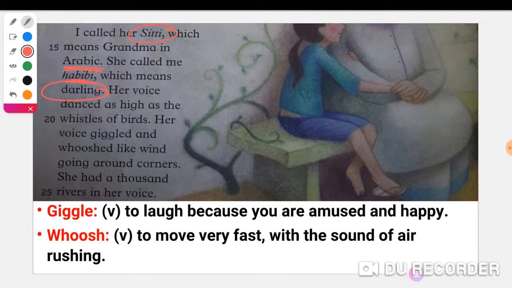And her grandmother can't speak English, she can't say darling, so she keeps saying to Mona, Habibi, okay? Her voice danced as high as the whistles of birds. So the grandmother has an amazing voice, like the whistles of the birds.